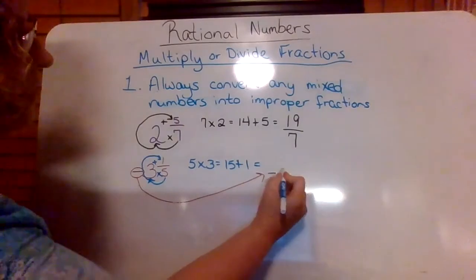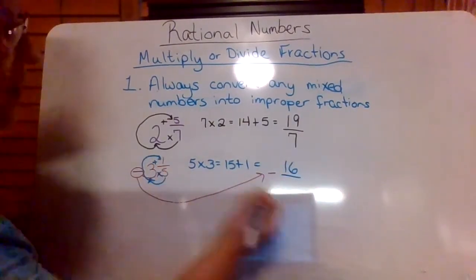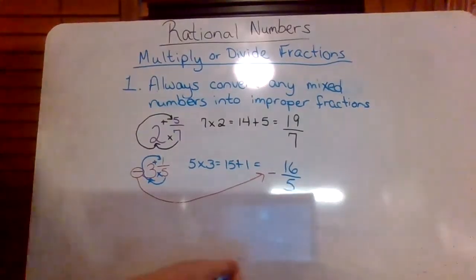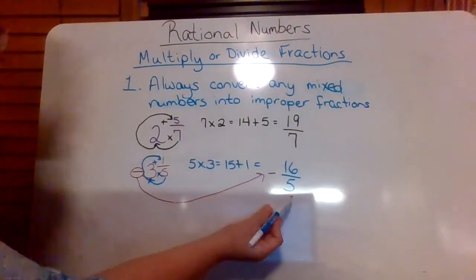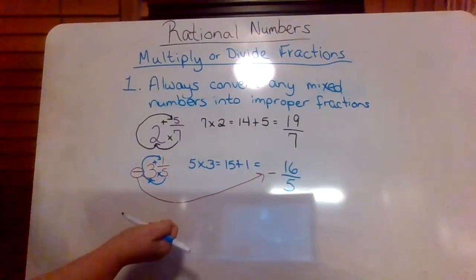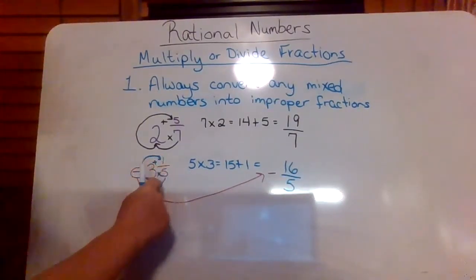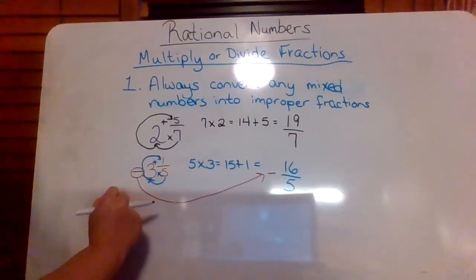So that gives me 16. And then it's going to sit right back on that 5. So here again, we started with the 5. We end with the 5. So it's a -16 over 5. So -3 and 1/5 is the same thing as -16 over 5.